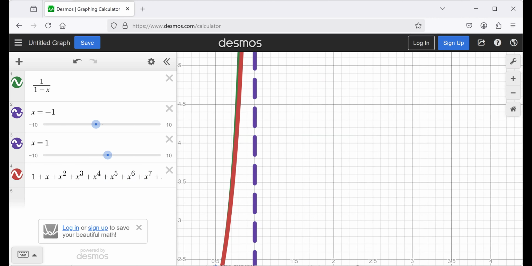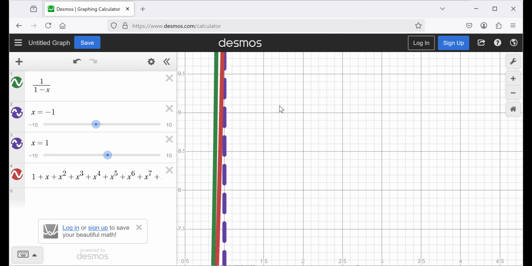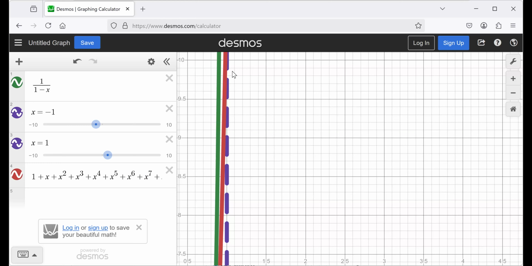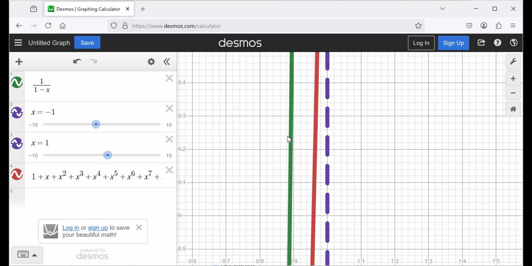And it's harder to see because it's shooting up. But when we get close to this border as well, these lines are disentangling themselves, and you see, here's the curve and here's this approximating polynomial, and we can clearly see the difference between them.